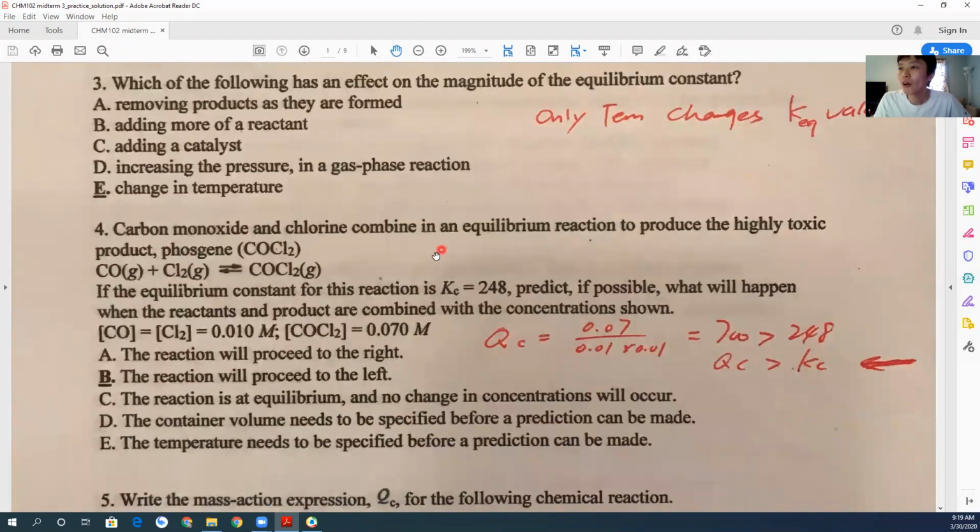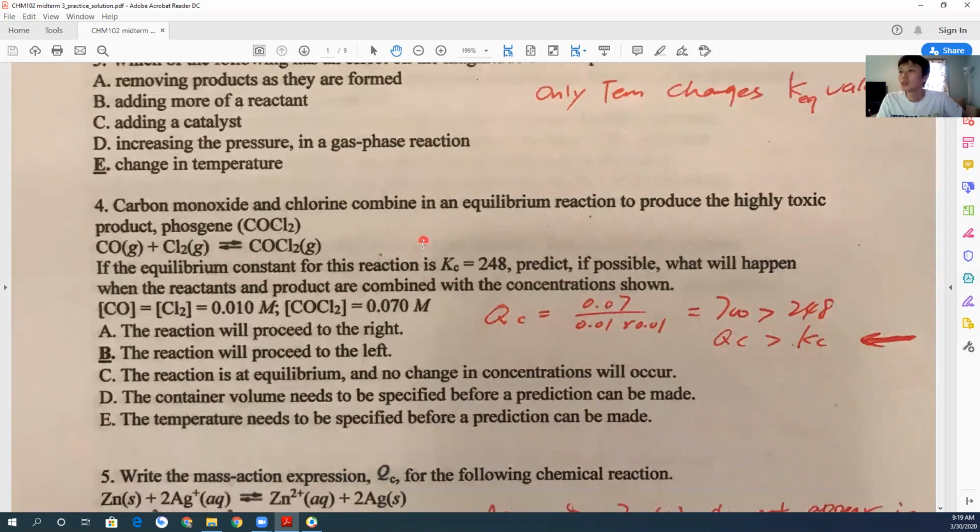So number four, we want to predict the shift of the reaction. In this case, we know the equilibrium constant Kc value, and we know the starting concentrations of all the substances involved in this reaction.